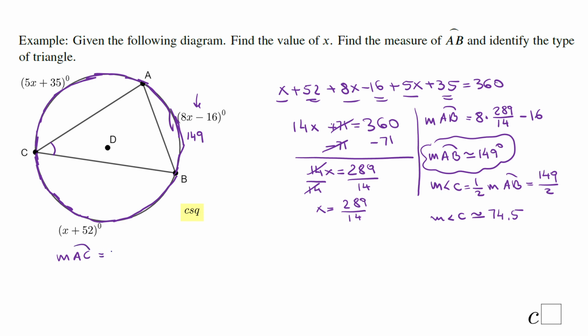Okay, and that is 5x plus 35, 5 times that interesting answer I have, and let's see how much that is. 5 times 289 divided by 14, that will not be nice also, plus 35. This was plus 35.